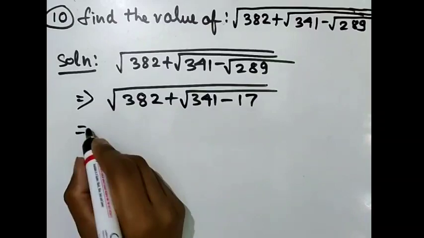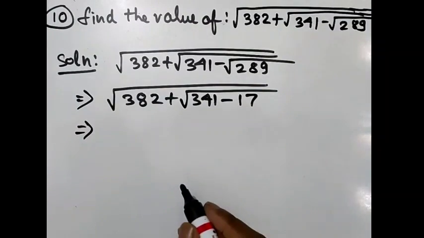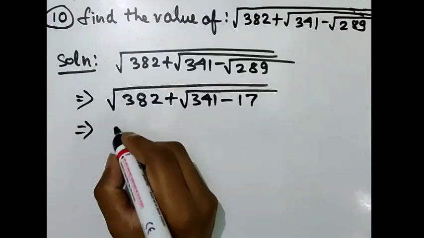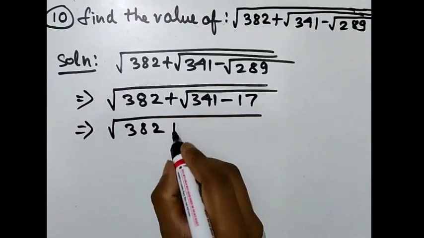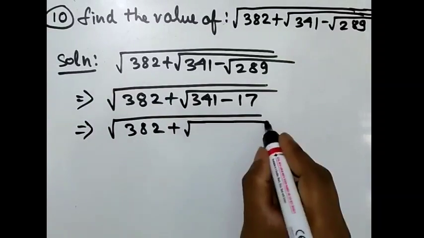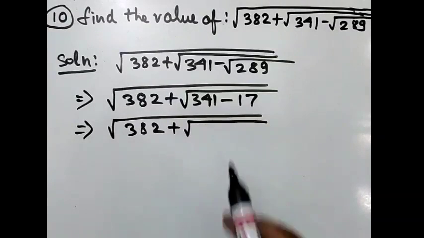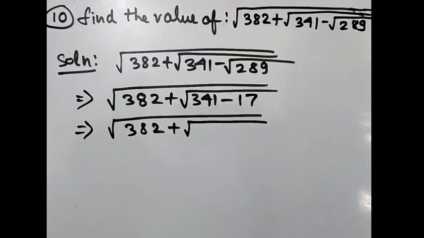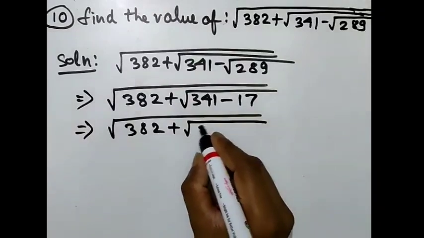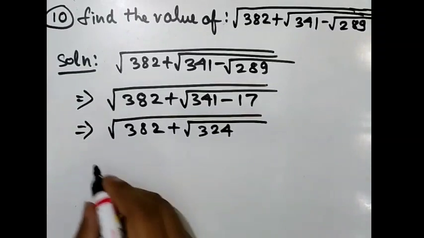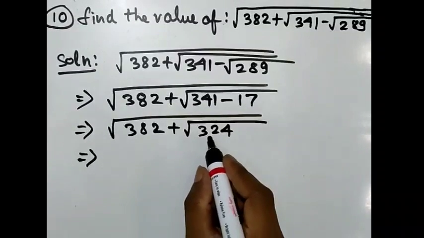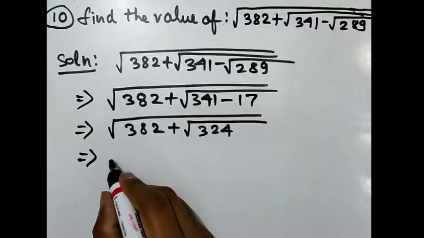Now let's subtract. So square root of 382 plus square root of 341 minus 17 will give us 324, right? Now we'll find the square root of 324.